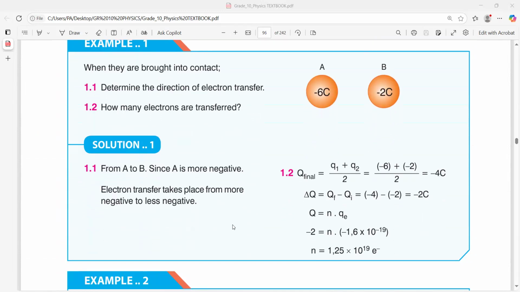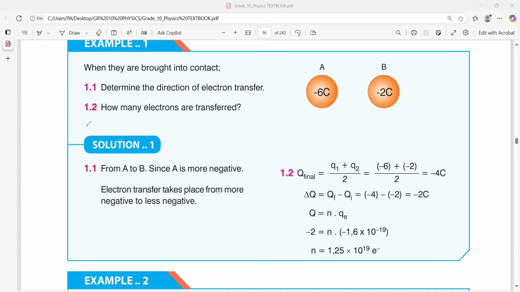We cannot go through all details. So, okay, question 1, example 1. When you have two charged objects, -6 coulombs and -2 coulombs, and they touch each other and separate, they are going to have the same charge. Okay, let's check what they ask.